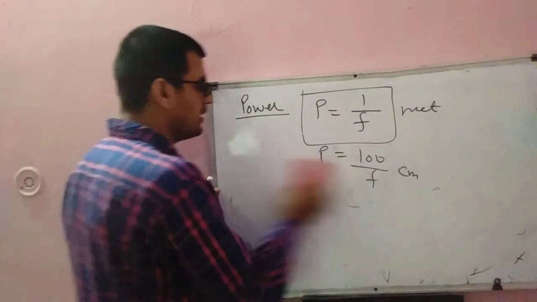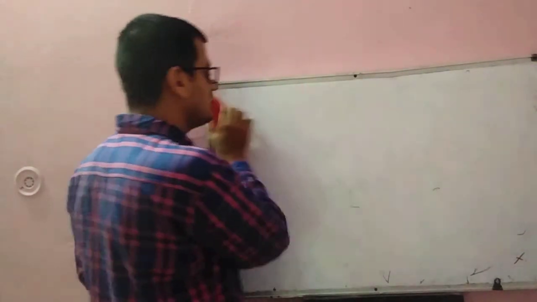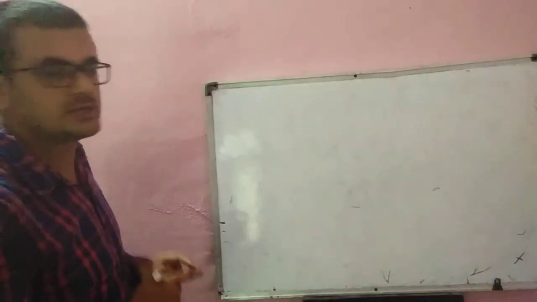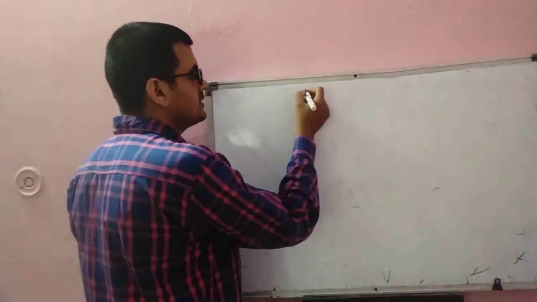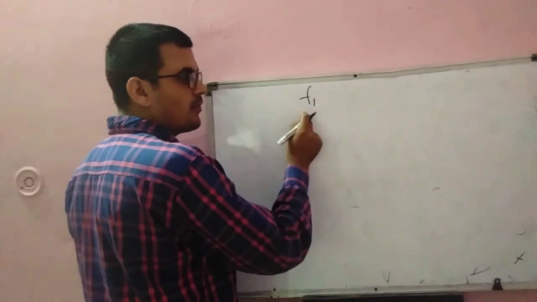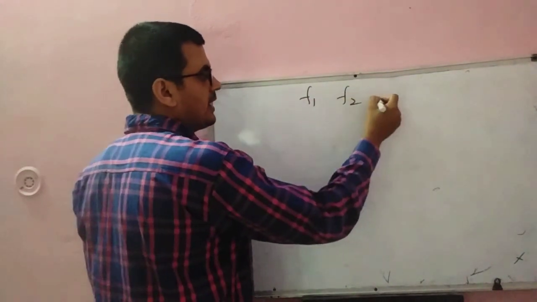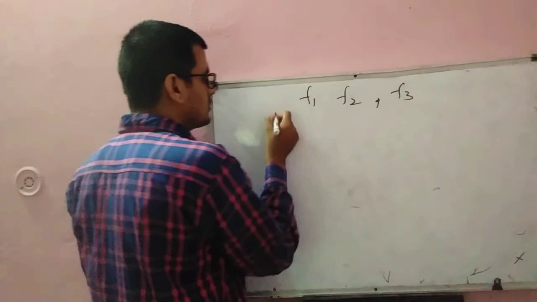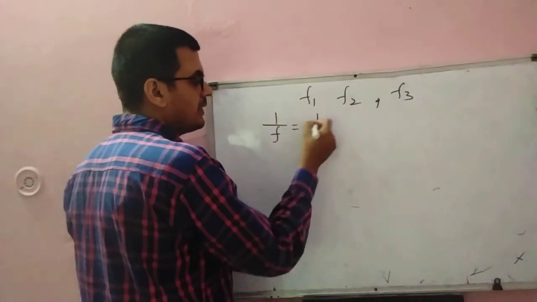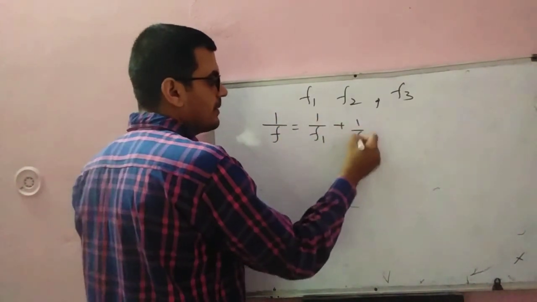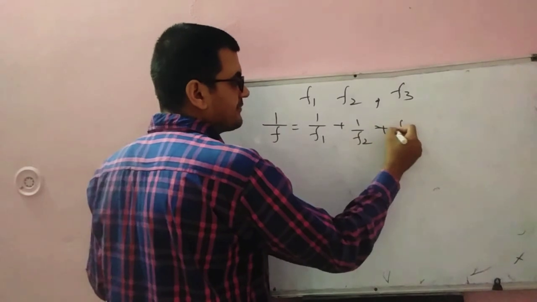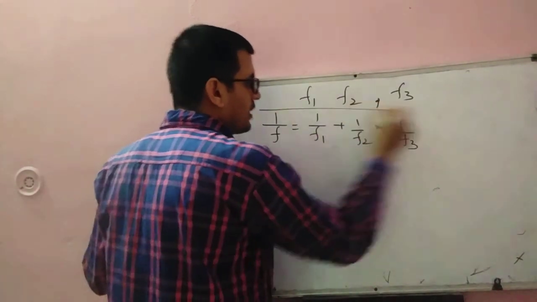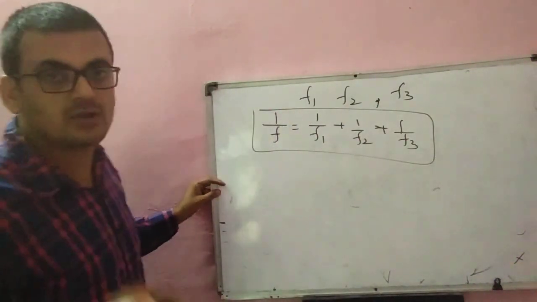Student, what will be the combined focal length? Suppose we have lenses, one has focal length f1, another has f2, and the next has f3. So combined focal length: 1 upon f equal to 1 upon f1 plus 1 upon f2 plus 1 upon f3. This is the focal length of lenses in combination.